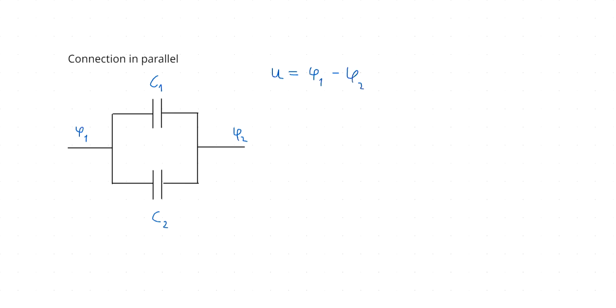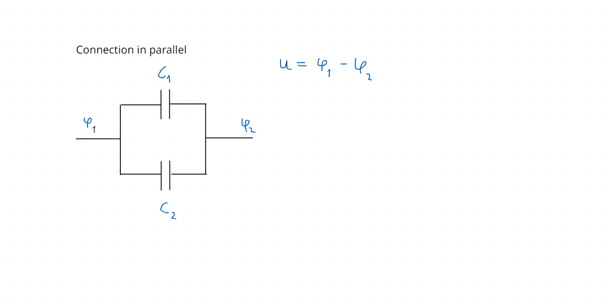But if you look at this carefully, we can see that this part of the system, which is surrounded with a blue line, is the same conductor, and it means that its surface is an equipotential surface.